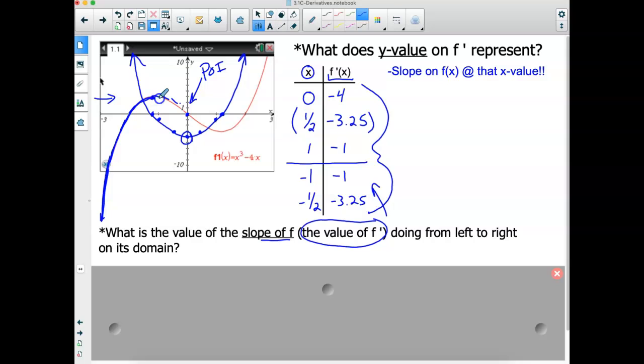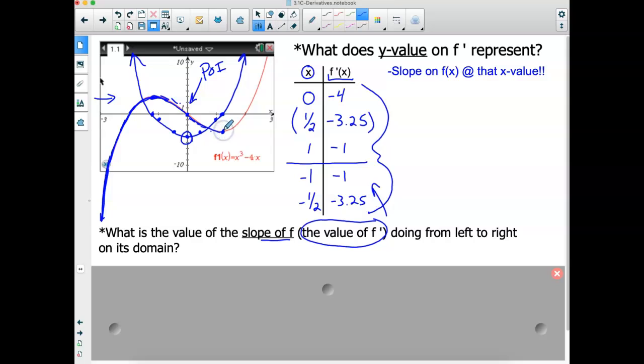Whoa, my slope is going negative on that red curve now, and it's getting more negative and more negative until right there, where it's the most negative. And then all these tangent lines coming down to this minimum are getting less negative and less negative until they hit 0.